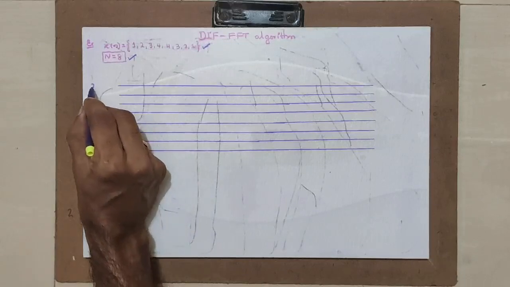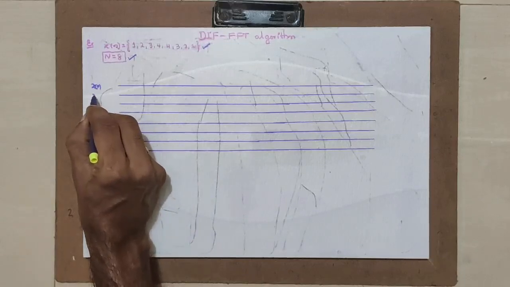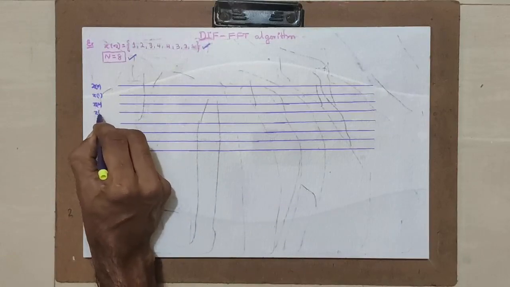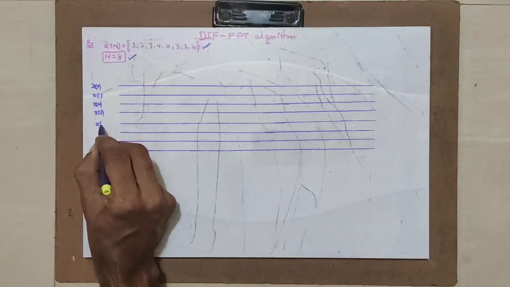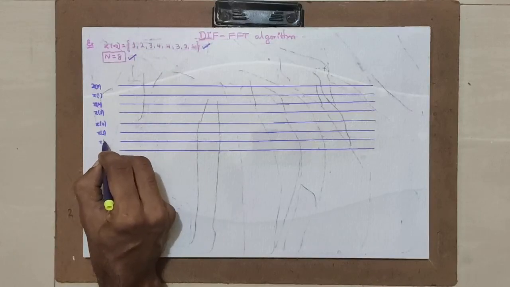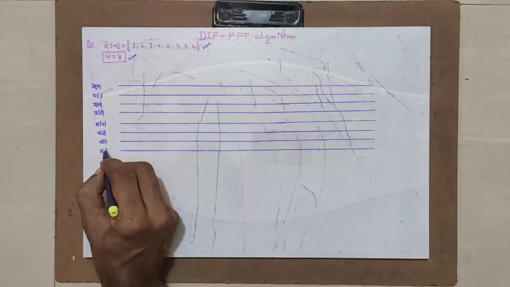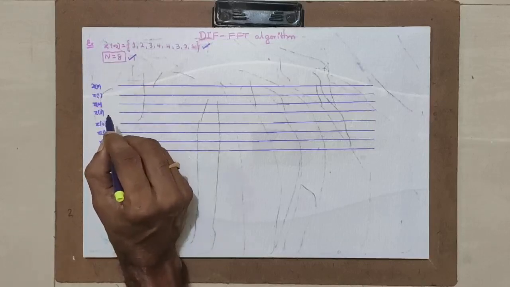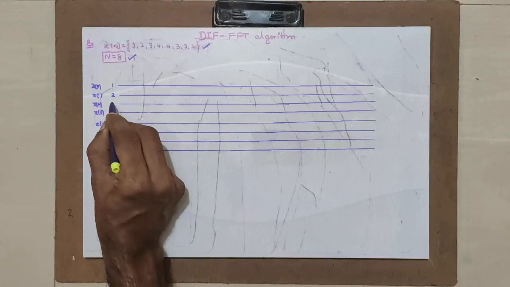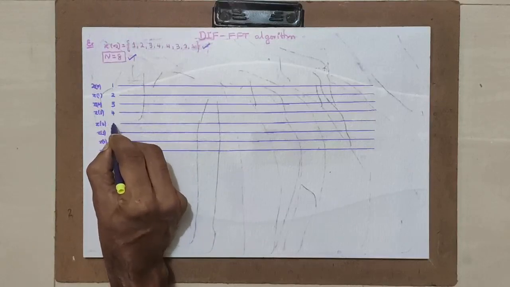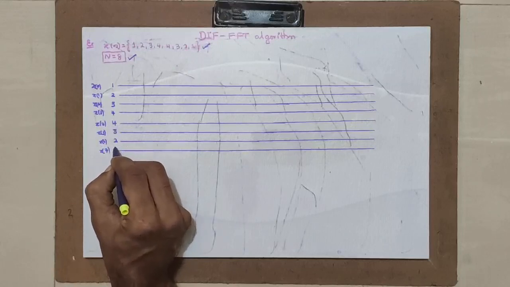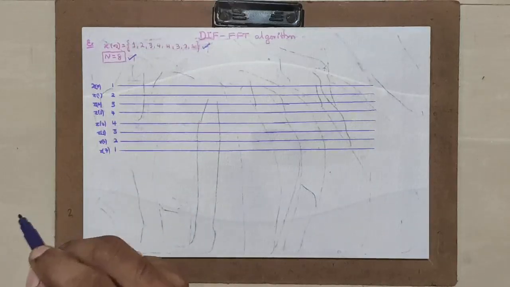That means x0, x1, x2, x3, x4, x5, x6 and x7 come in serial. Hence I write 1, 2, 3, 4 and 4, 3, 2, 1. I have entered all the data.